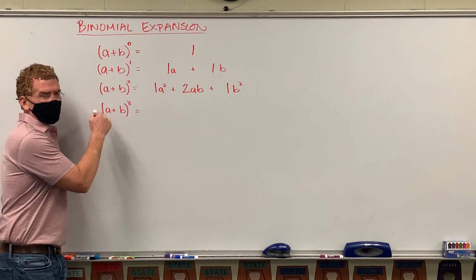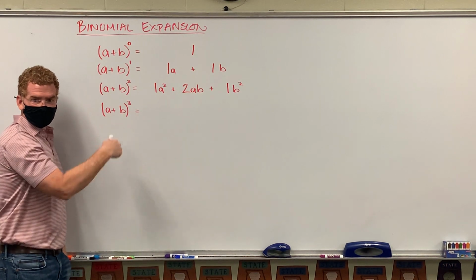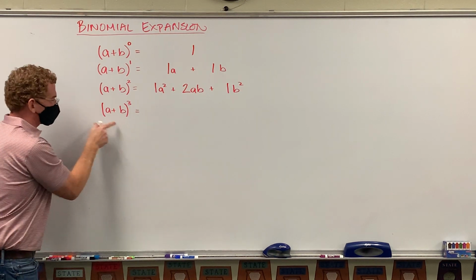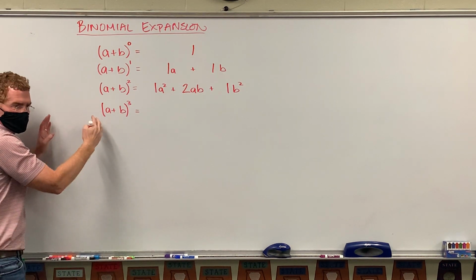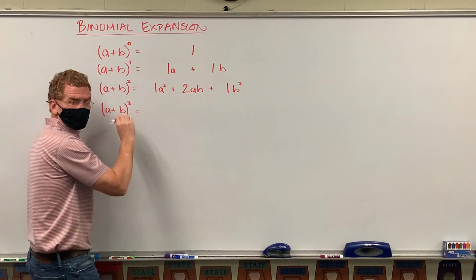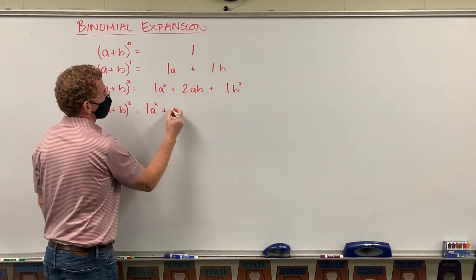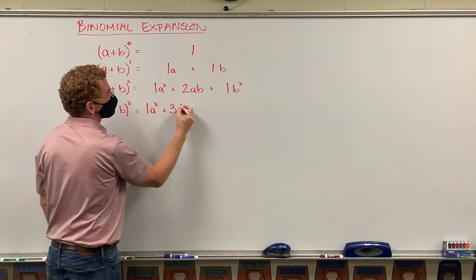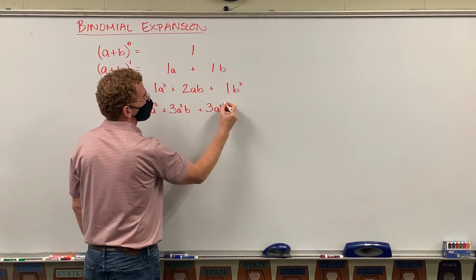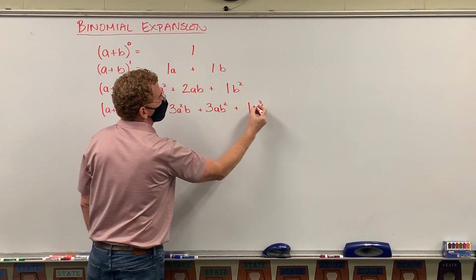But really, if you didn't have this little property I'm about to show you, or this triangle that Pascal came up with, you would have to write this out 3 times, and then maybe distribute or FOIL a couple of them together, and then maybe multiply the other one in. But you would end up with this when all was said and done. You would end up with 1a cubed plus 3a squared b plus 3ab squared, and then you'd finish up with a 1b cubed, or just b cubed.